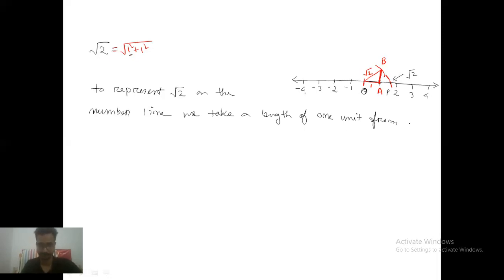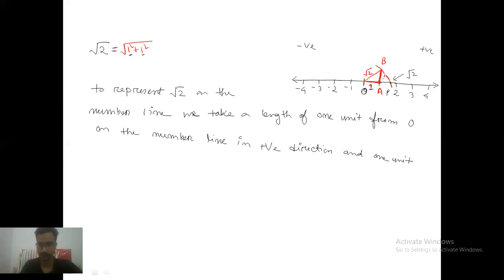From O on the number line, in this is your positive direction and this is a negative direction. Yes or no? On the number line in the positive direction, we have taken 1 unit in this direction, and 1 unit, that means now we have to take this 1 unit here.